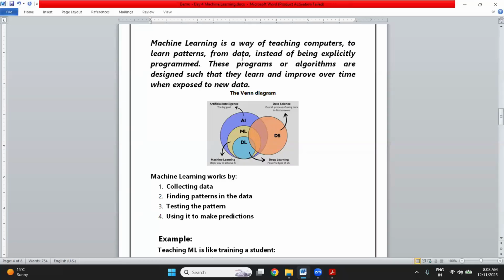What exactly does it mean? For example, we recognize objects, right? Just understand using our own example. When we see an object, we recognize, okay, this is a keyboard, this is a mouse, this is an apple, this is a fruit, or this is a table, a chair.